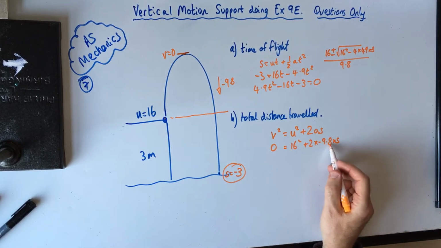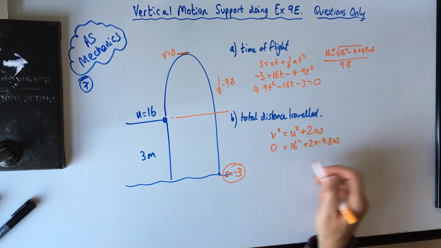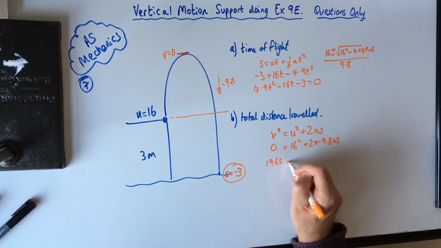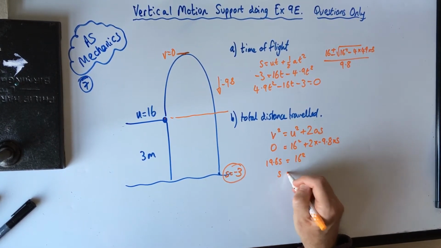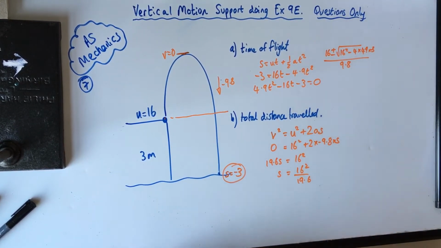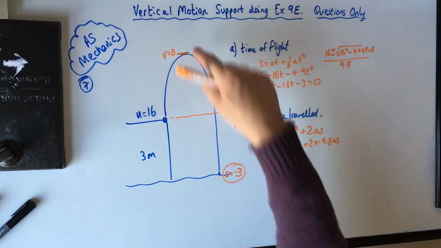So it's minus 19.6 again, so take all that over to the other side and you've got 19.6 s is equal to 16 squared, so s is equal to 16 squared divided by 19.6, and that is the highest point, isn't it? That's when the velocity is 0.